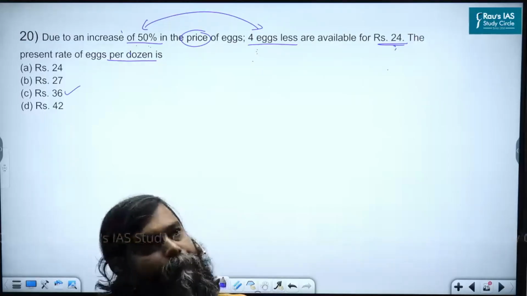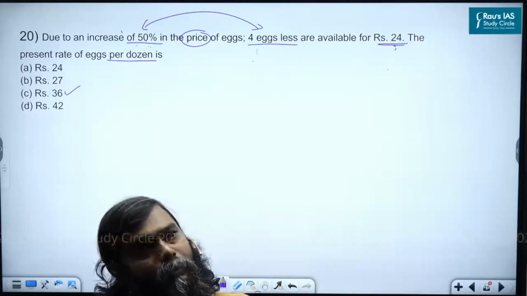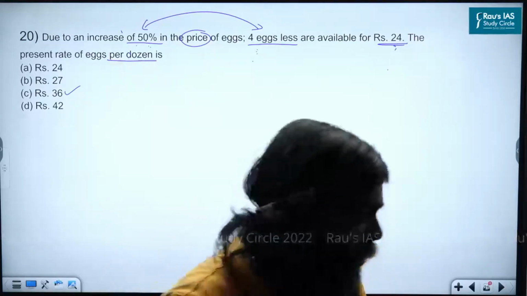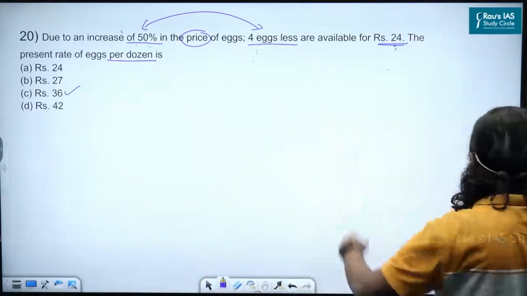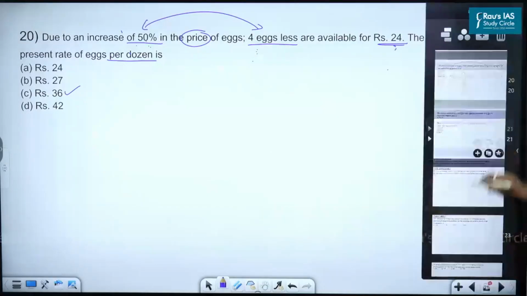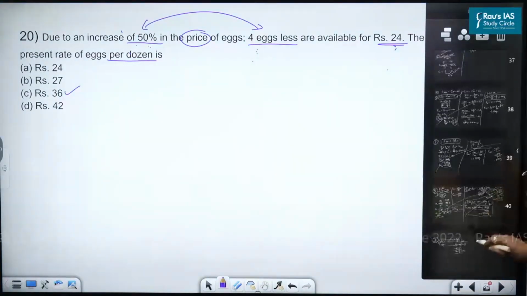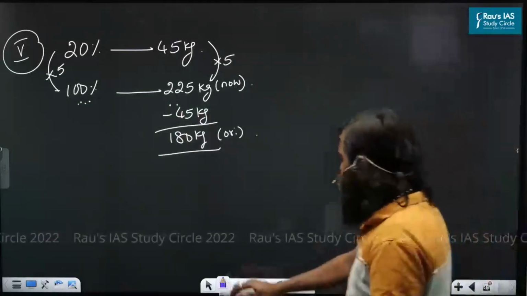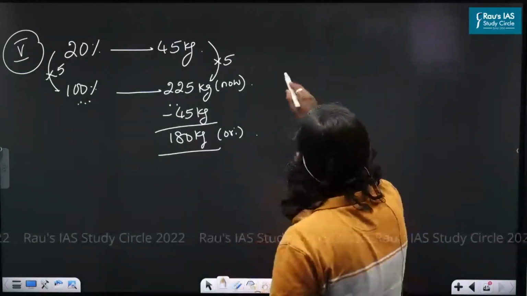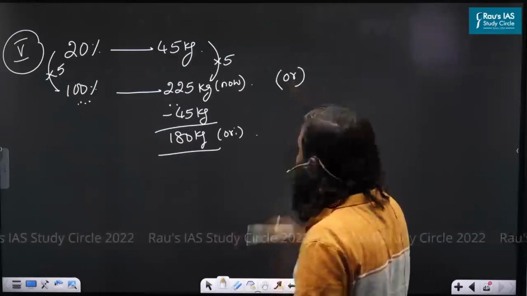So whatever I taught you now, this interpretation, you can use if expenditure is constant. But in the next question I am going to dictate, if expenditure is also changing, what will you do? Listen carefully.